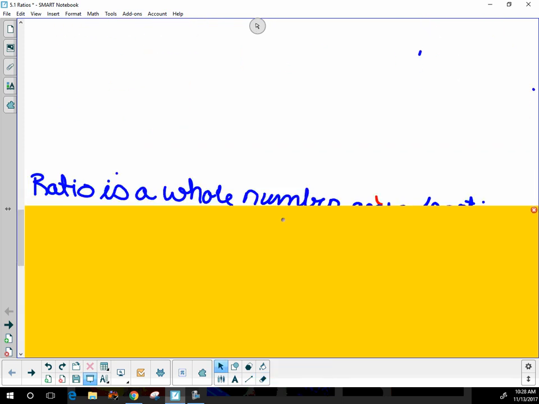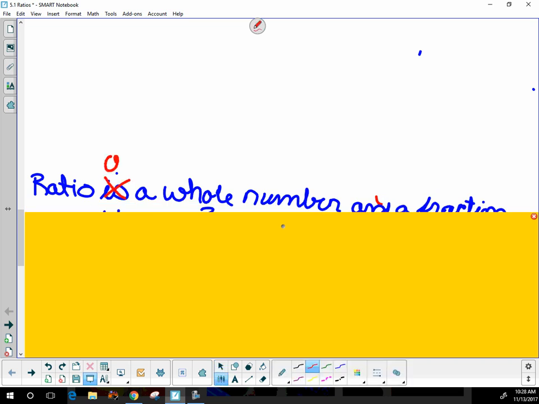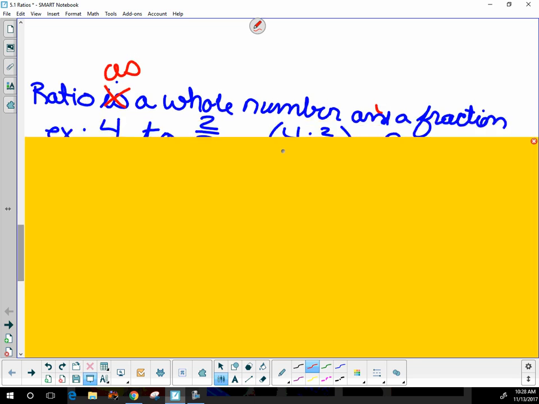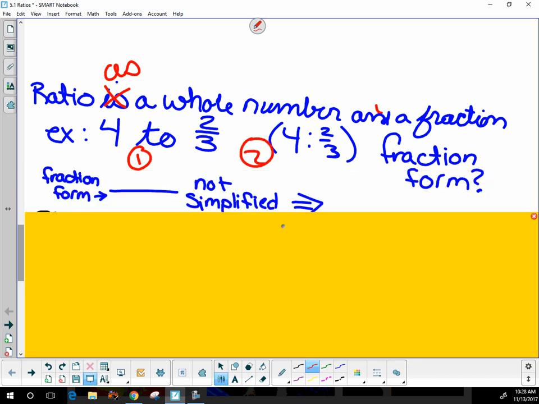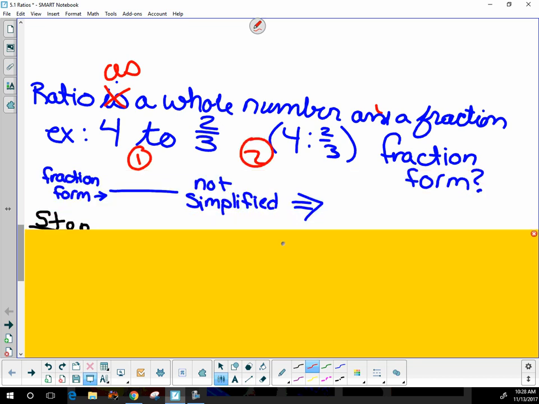Okay. Sometimes you will see ratios that involve whole numbers and fractions. Now I just did one kind of like that with the cups of sugar, and the example would be 4 to 2/3. This is one way to write it. This is the second way to write it, 4 to 2/3, and as a fraction form, what would that look like?